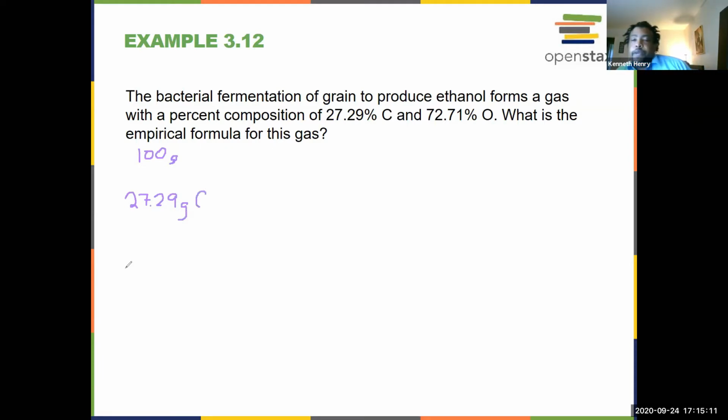And then how much of it would be oxygen? 72.71. And that makes sense, right? Because when you're talking about percentage, you're assuming that you're starting with 100%, and so we could just make that assumption that we have 100 grams of that material.